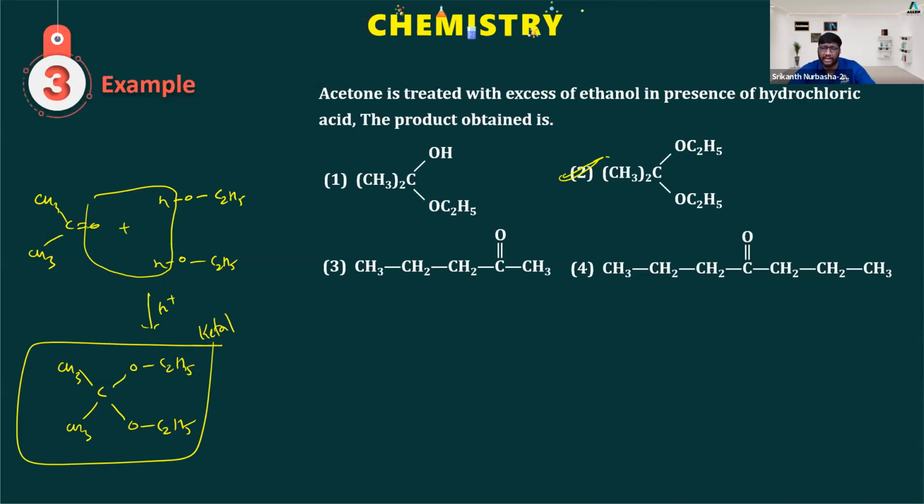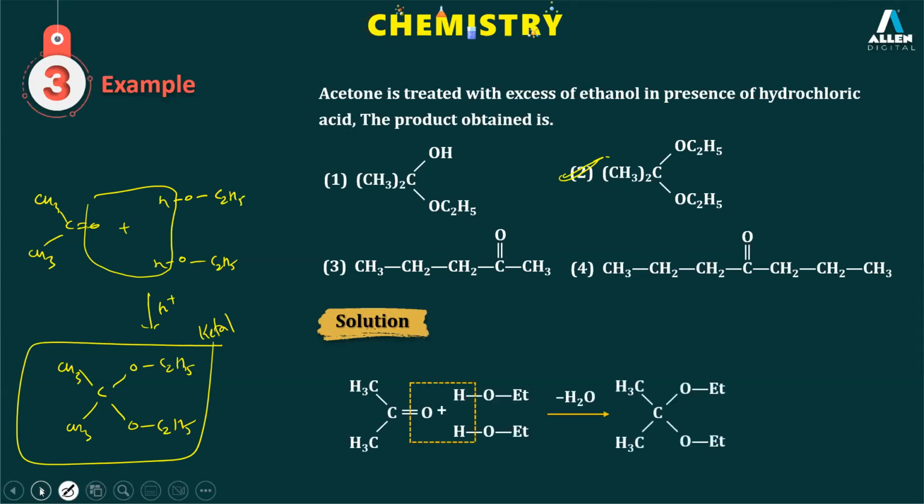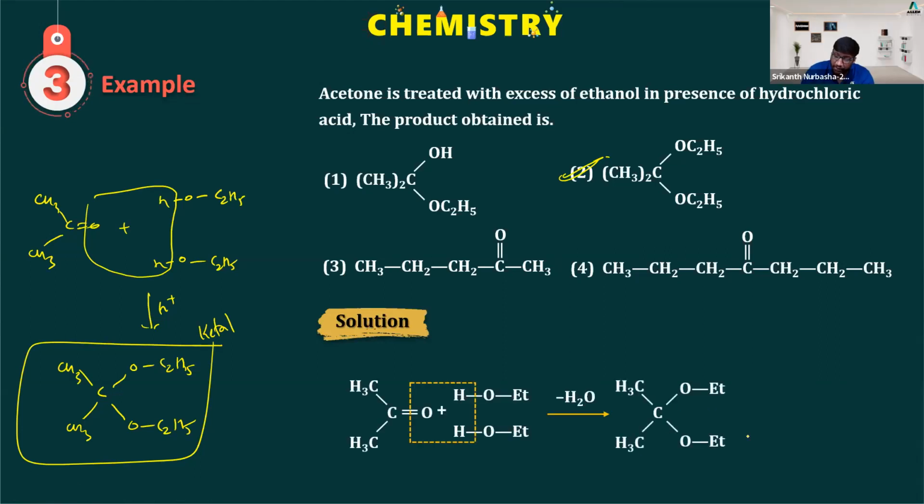Yes, it reacts explosively, very fast. It produces H2 gas immediately. That H2 will be added to the respective polar pi bond; immediately the hydrogens are added. CH3, C, CH3, OEt, OEt. Option 2 is going to be the right option.